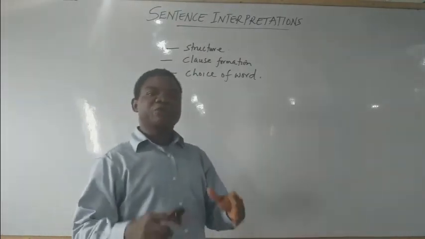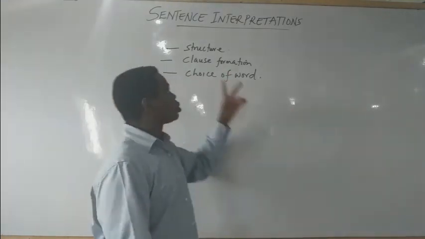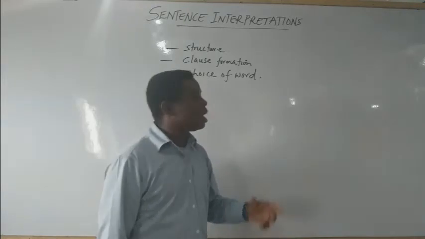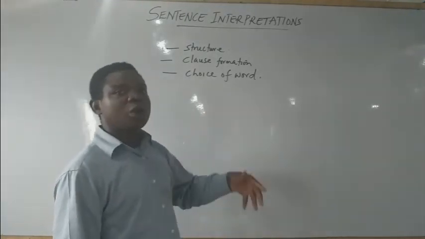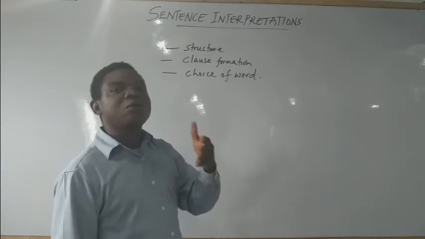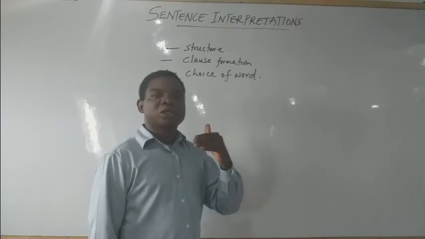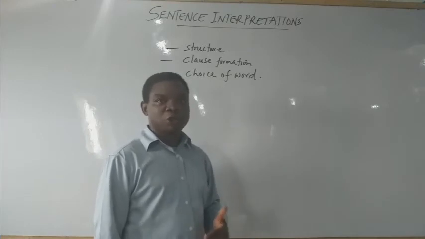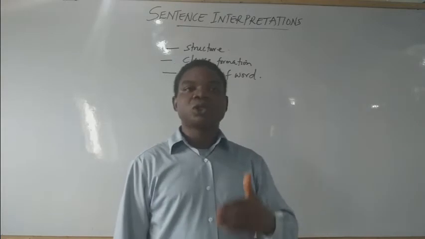When you give consideration to these, so as to determine the overall meaning of a sentence, what you are doing is called sentence interpretation. So we can interpret a sentence based on those 3 levels.